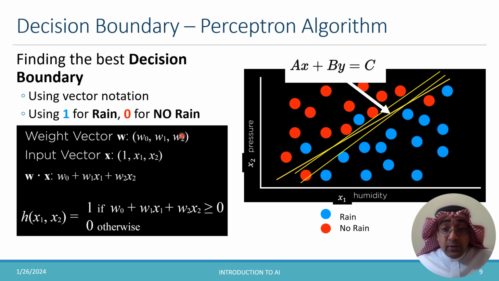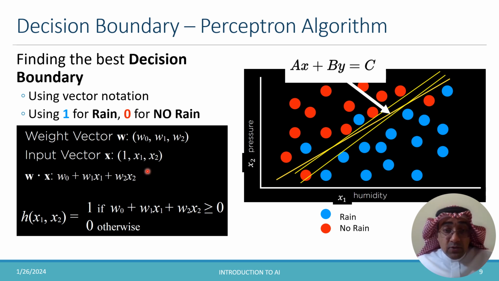What we want is to find the w's such that when we take the dot product, we get this equation, and for that we had to put this as a 1. So this is where the 1 is coming from. You multiply this by w0 and you get this, you multiply x1 by w1 and you get this, and you multiply x2 by w2 and you get this.